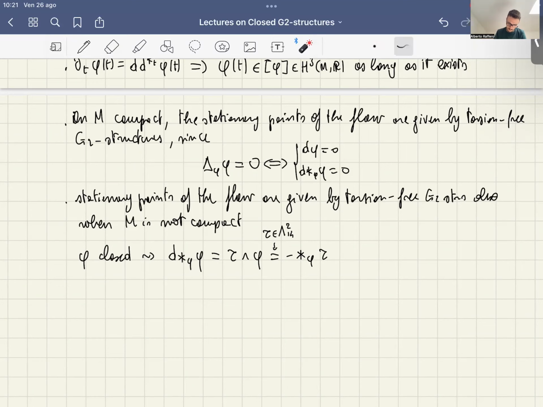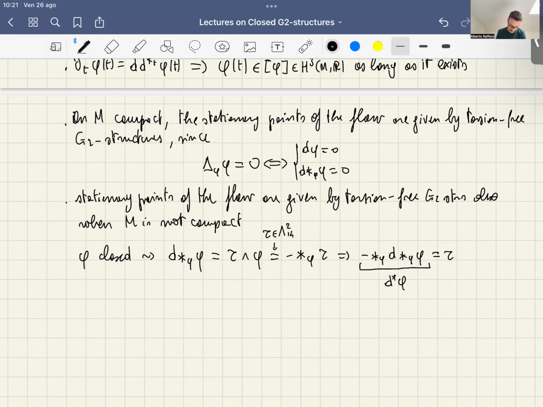So if you take Hodge duals on both sides of this equality, you will obtain that minus the Hodge dual of the Hodge dual of phi is equal to tau, as squaring the Hodge dual on a 7-dimensional manifold gives you the identity. And this is precisely the codifferential of phi. So actually, another way of saying this is that the intrinsic torsion form tau is equal to the codifferential of the three-form defining the closed G2 structure.